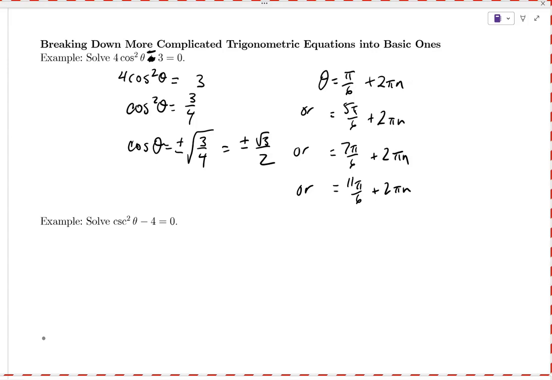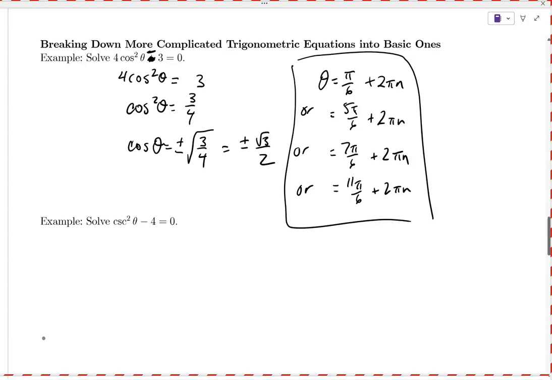And so in this case, we get 4 of those fundamental solutions, 4 solutions in 0 to 2 pi, and then we find all of the solutions by adding the multiples of 2 pi on the end. Questions on that one? That one okay?